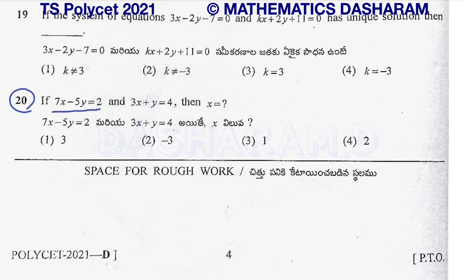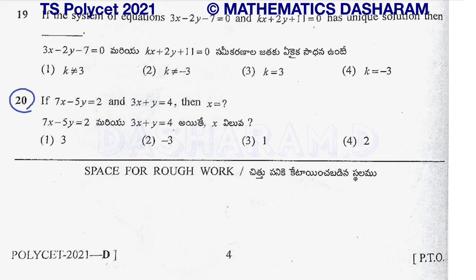If 7x minus 5y equals 2 and 3x plus y equals 4, then what is the x value? To find the x value, eliminate the y variable from both equations, but their coefficients are different, here minus 5, here plus 1.